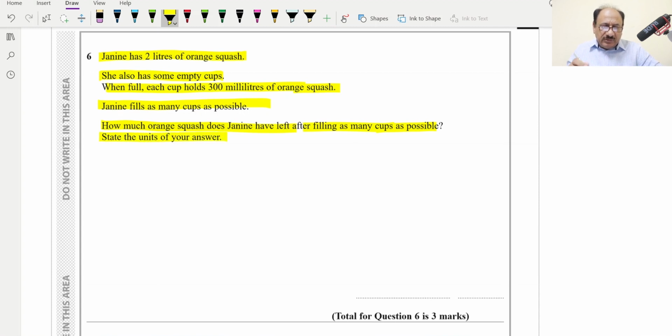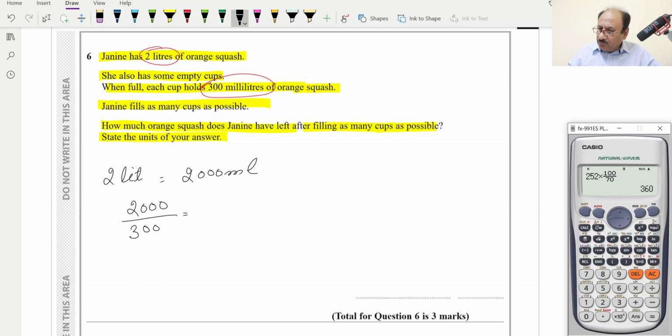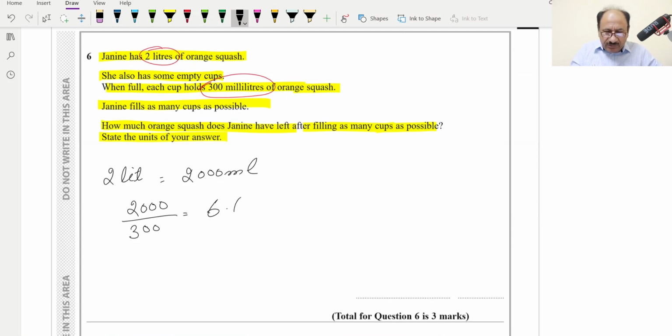So 2 liters of juice is available. 2 liters in form of milliliters will be 2000 milliliters, and each cup is holding 300 milliliters, so we can check the number of cups: 2000 divided by 300 is equal to 6.666.